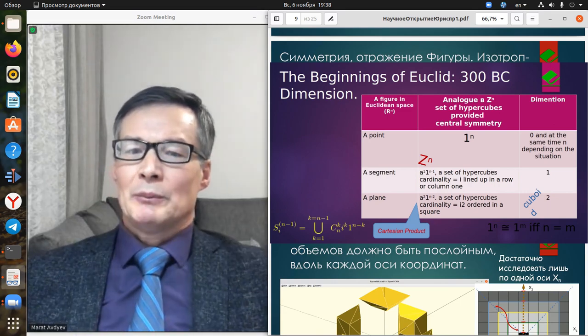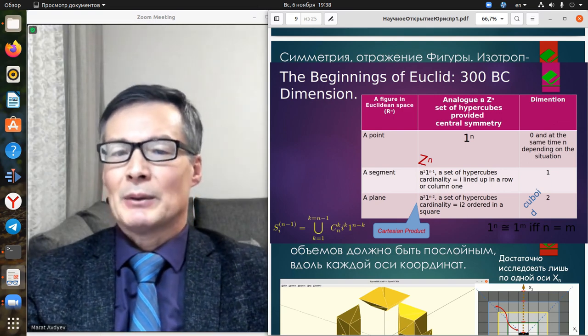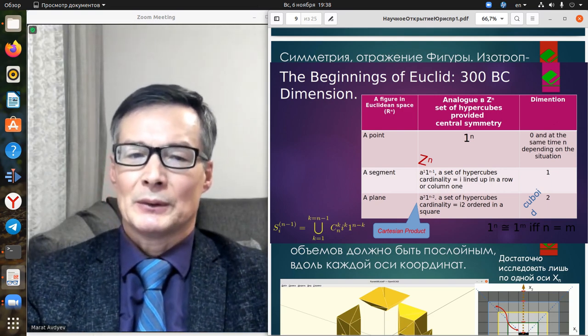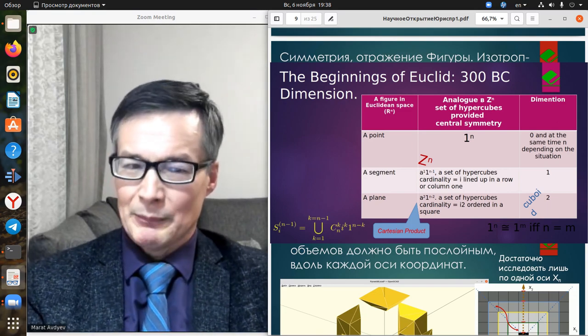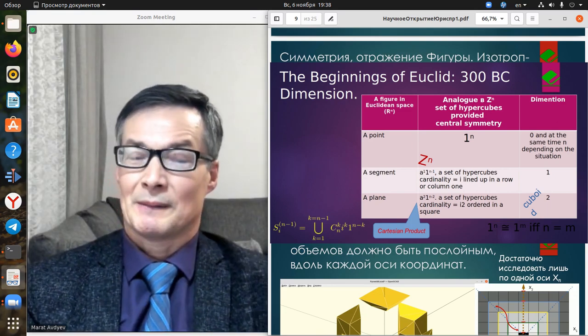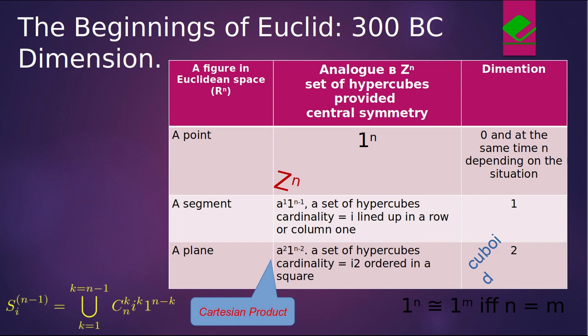I will repeat again, in the digital age it is possible to supplement Euclid's postulates with elements derived from elementary unit cubes lined up in a row, a rectangle, a three-dimensional cube, and so on. Note that we work in n-dimensional space. The dimensions will be as if we were dealing with points.